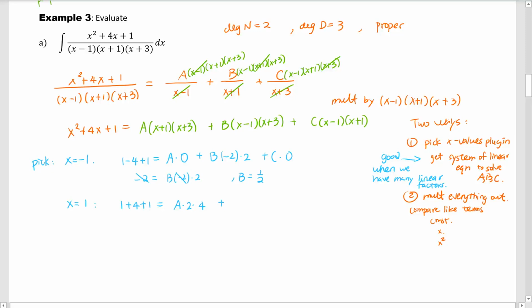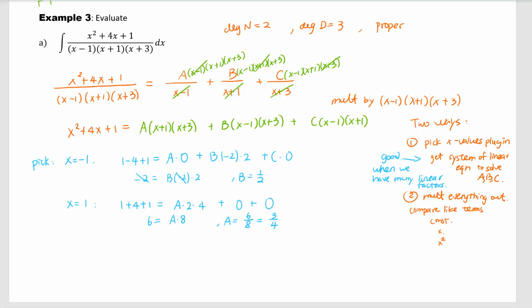But the B term has the factor x minus 1, so this guy is 0, and the C term has the factor x plus 1. This guy is also 0. So you can see 6 equals A times 8. So A is 6 over 8. The common factor is 2, so 3 over 4 is our A. Isn't it very nice?